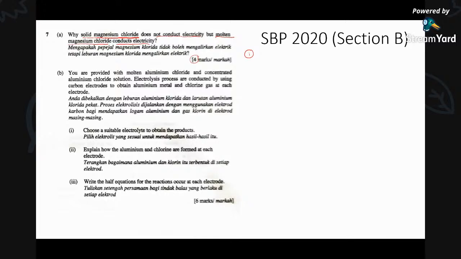So you say there are no free moving ions in solid magnesium chloride. There are free moving ions in molten.